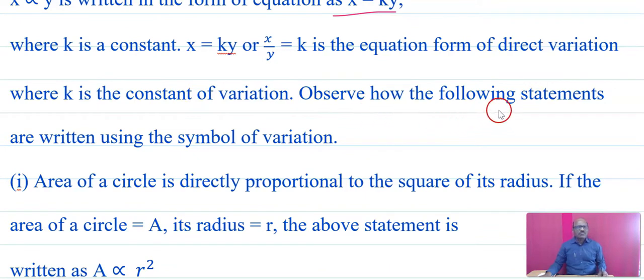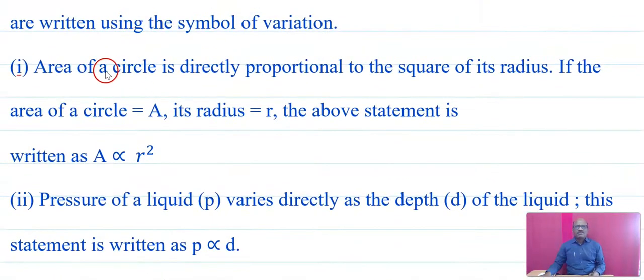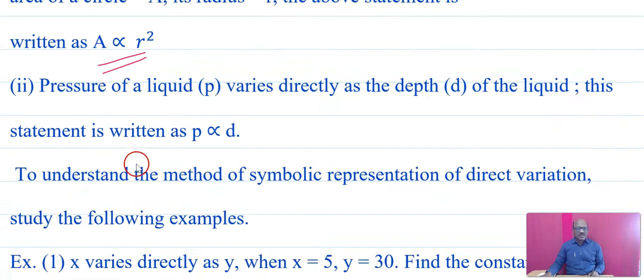Observe how the following statements are written using the symbol of variation. Area of a circle is directly proportional to the square of its radius. If the area of the circle is capital A and its radius is small r, the above statement can be written as A is directly proportional to r square.